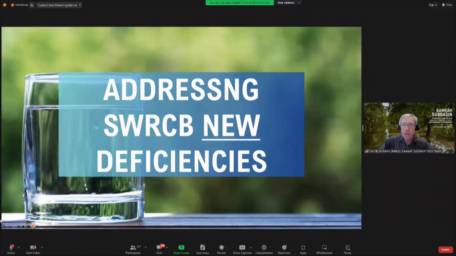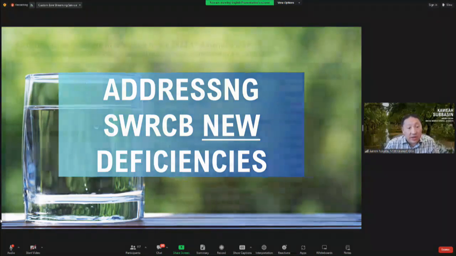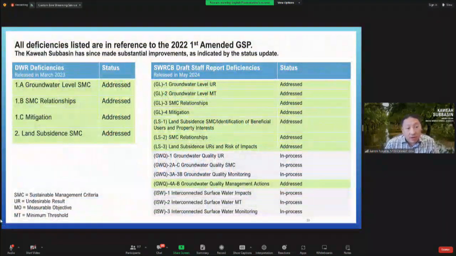And that's how the GSAs are addressing all the DWR deficiencies. I'm going to turn it back to Aaron Fukuda, and he can talk about the state board's new deficiencies. Thank you. Next slide. So we broke down the DWR deficiencies and the state water resources deficiencies as reported in the draft staff report.